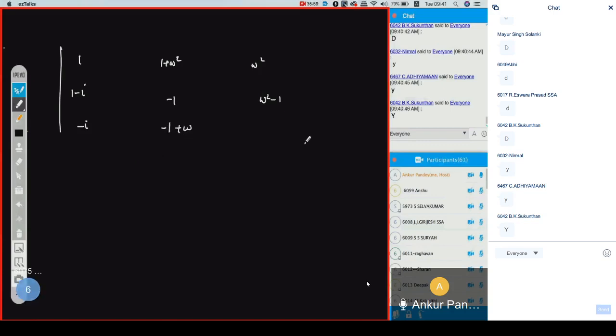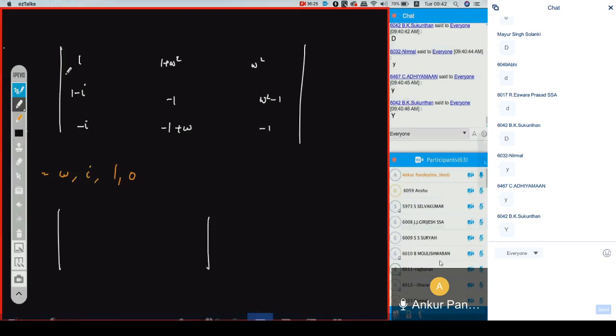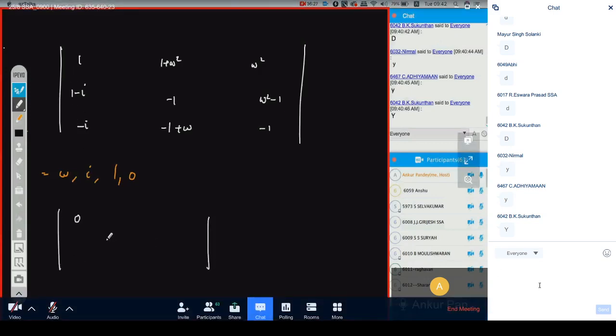What is this equal to? The options include omega, 1, 0. I'll subtract, so if I subtract, this is 0.